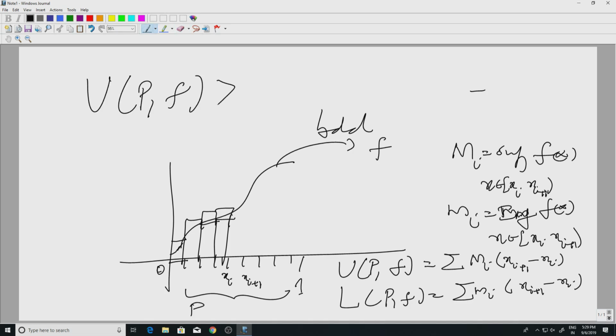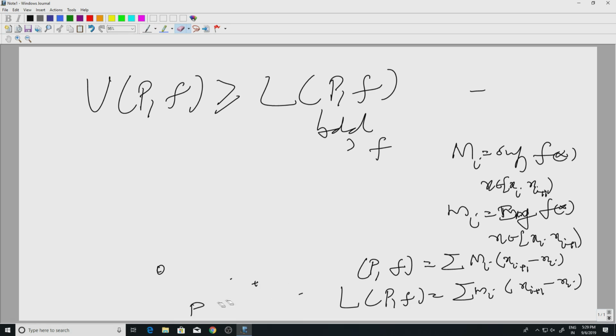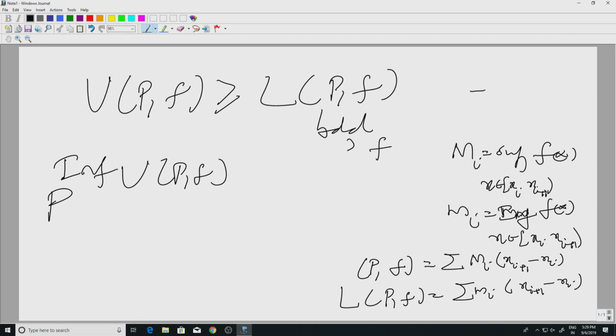upper sum is greater than or equal to the lower sum, and you can take the infimum of the upper sums and the supremum of the lower sums over all partitions. So, you look at the infimum over P, which is a partition, of U(P, f), and similarly the supremum over P of the lower sums.